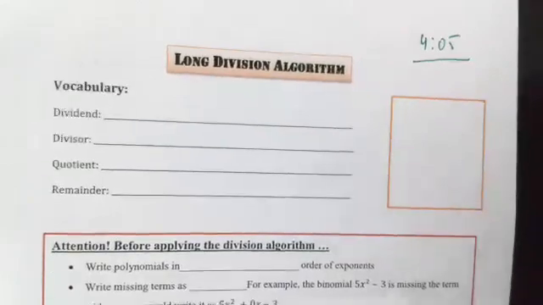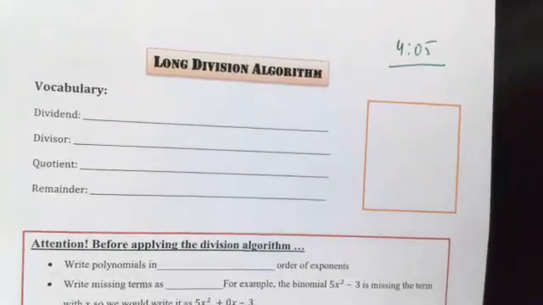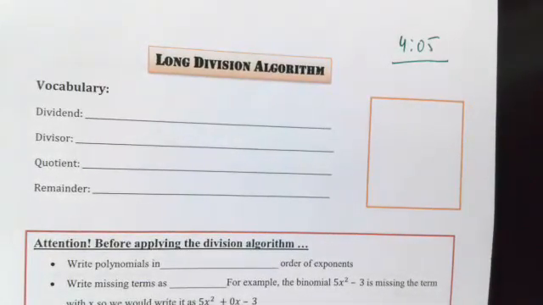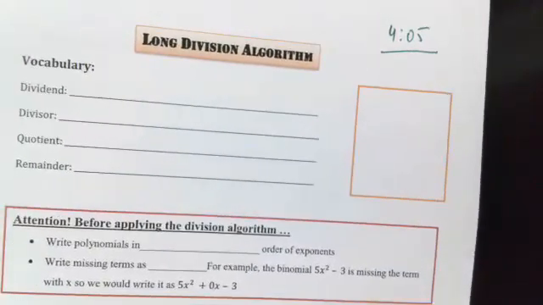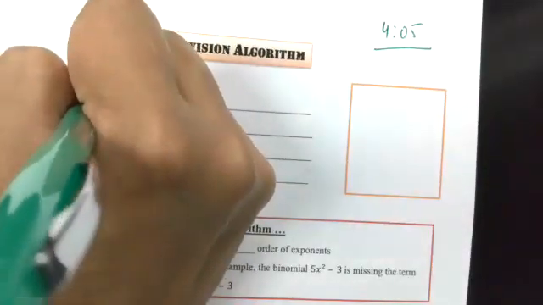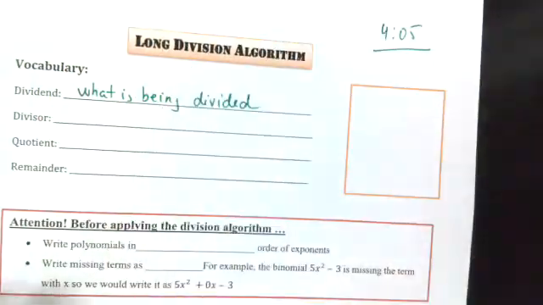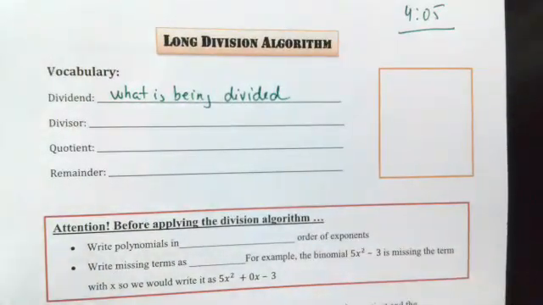Before we get to how to do the long division of polynomials, we need to learn some terms. Dividend is what is being divided. For us, the polynomial that we will be dividing.